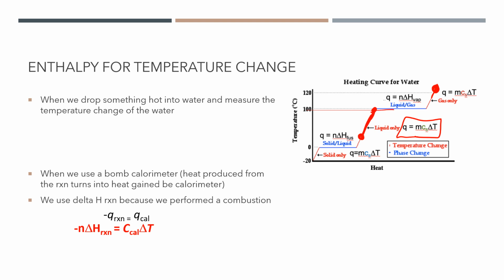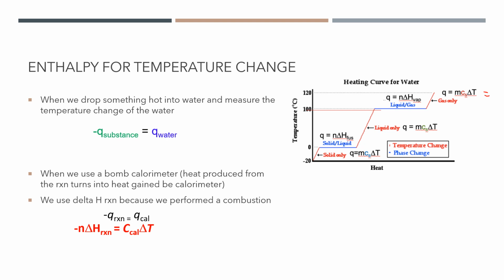Then we would have to use this equation to determine how much energy is required, once it's at 100 degrees Celsius, to vaporize all of that. So at this point now, everything's vaporized. Then we want to heat up that water vapor even more, so we'd have to do that equation and add it up. So we would take the values that we get from each of these equations, add them all together, and that would get us our answer. That is how much energy is required to go from this point to that point. So I hope that makes sense. We'll go through a practice problem here in a minute.